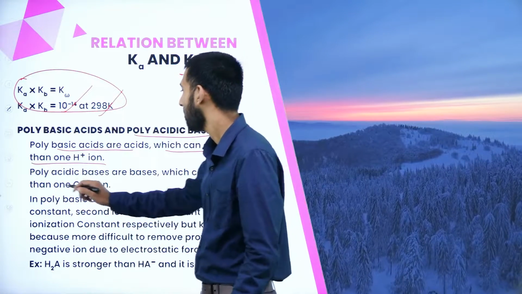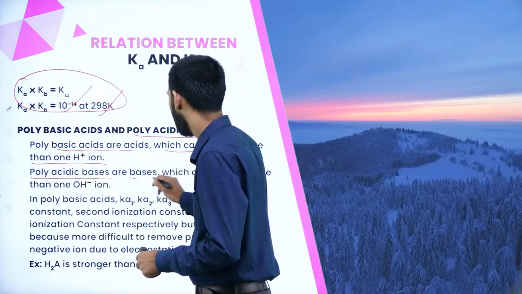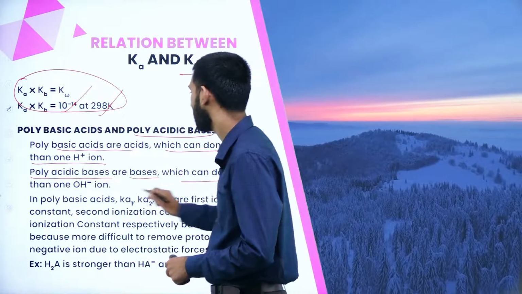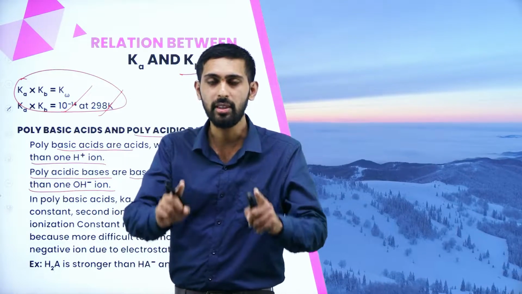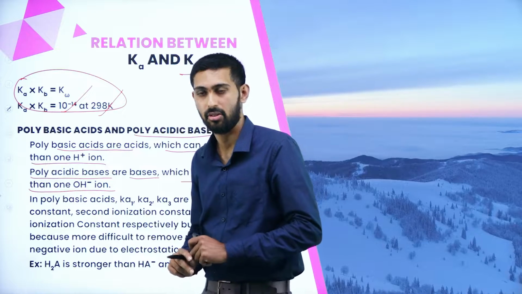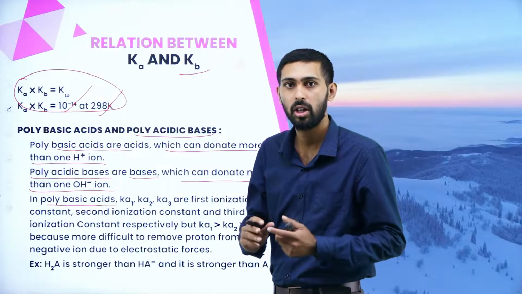Okay. Next thing is polyacidic bases. Polyacidic bases are the bases which can donate more than 1 OH minus ion. Next, let us take one polybasic acid.